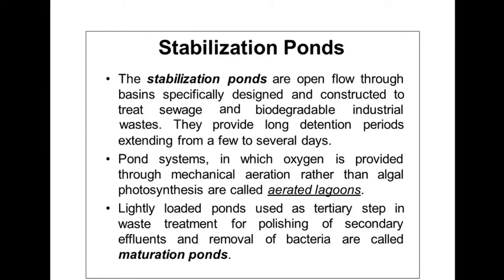The stabilization ponds are open flow through basins specifically designed and constructed to treat sewage and biodegradable industrial waste. So they are used for the treatment of wastewater, sewage, and industrial waste. They provide a long detention period extending from a few to several days.